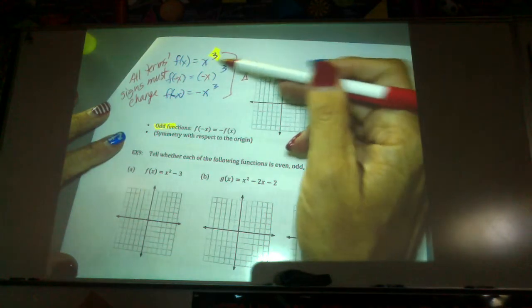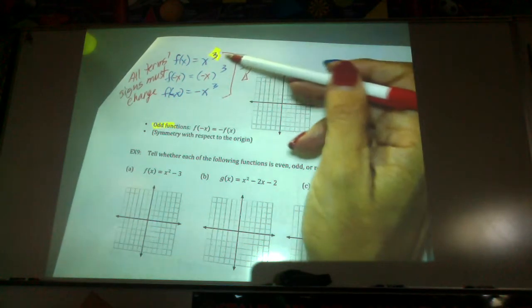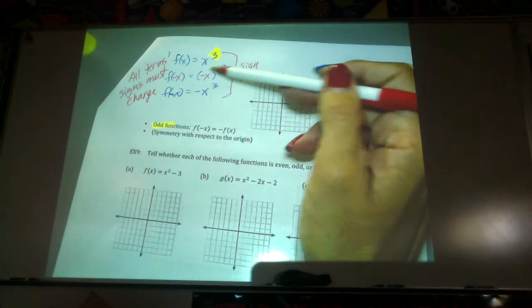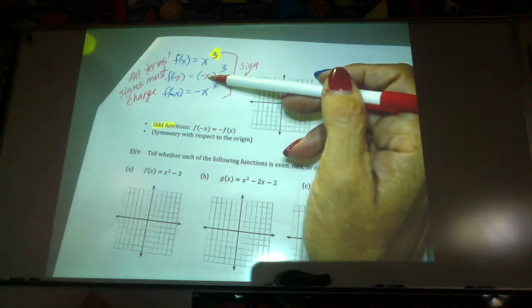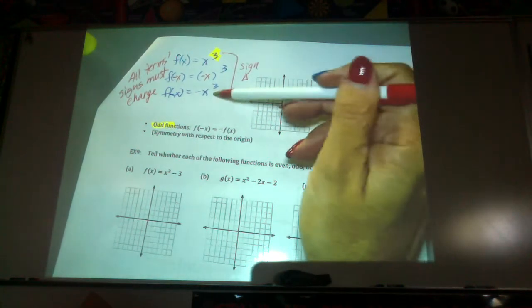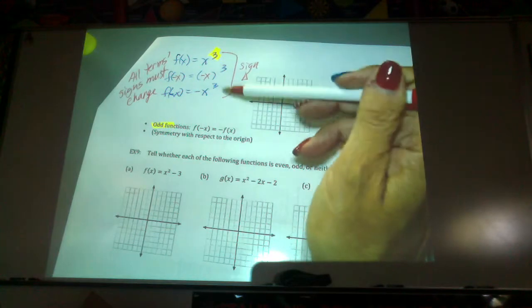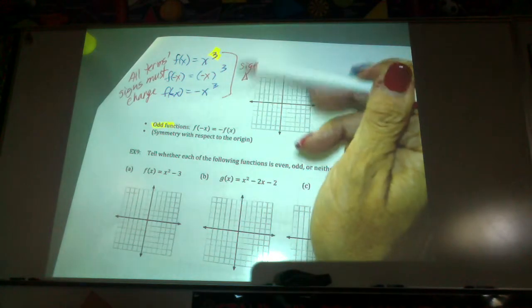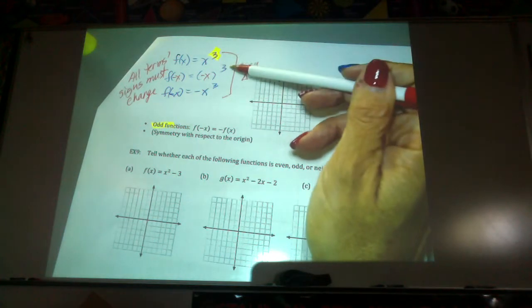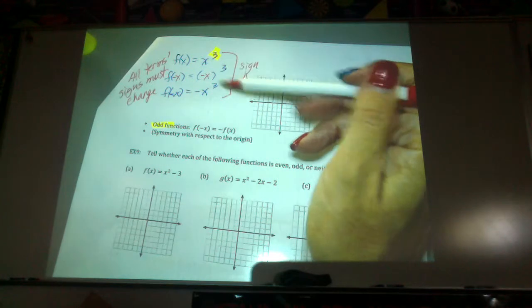Now if I tacked on a constant onto this original function, a +6 or a -7, plugging in this negative x has no effect on the sign of that constant. So that constant, if I had a +6 here, it would remain a +6 here, which means that the constant sign would not change. Anytime a polynomial has a constant attached to it, it will never be an odd function, because you can't change the sign of that constant by putting in a negative x.